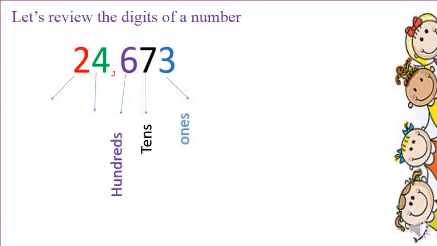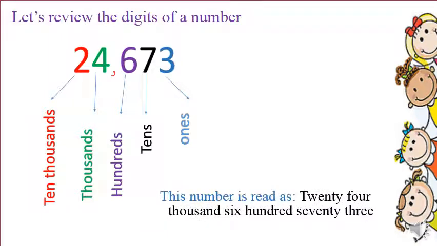Then starting with the second class, which is thousands, so 4 is the thousands and 2 is the 10,000s. So we review the digits of a whole number. Now let's read it together. This number is 24,673.